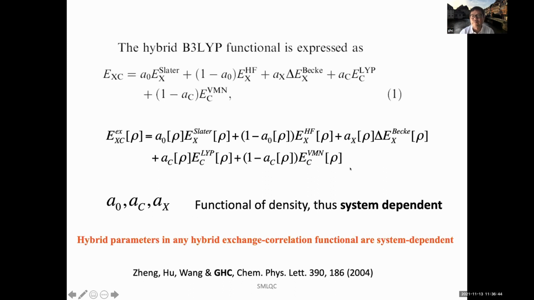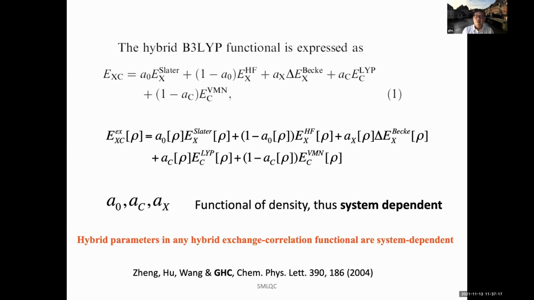This is immediately clear, because for different systems the electron density rho is different. Therefore A0, AX, and AC have to be different for different systems. This is hence the system dependency. So for any approximate functional, in principle, they are system dependent.